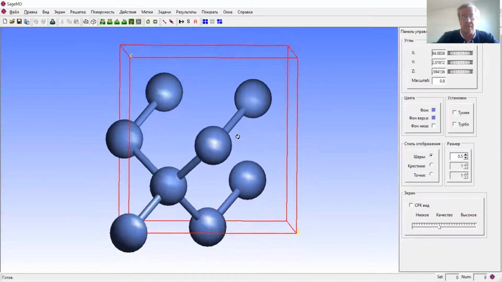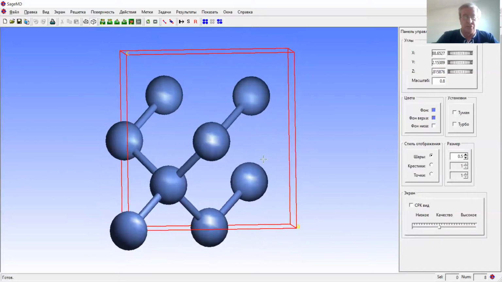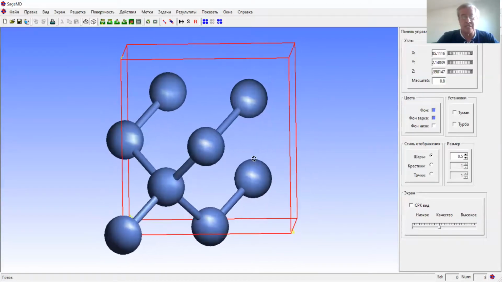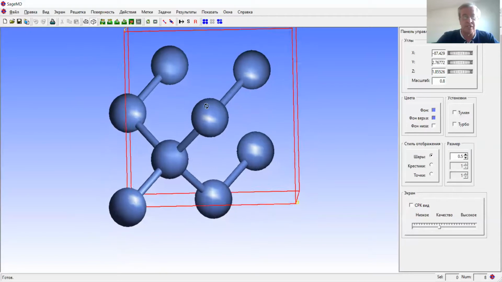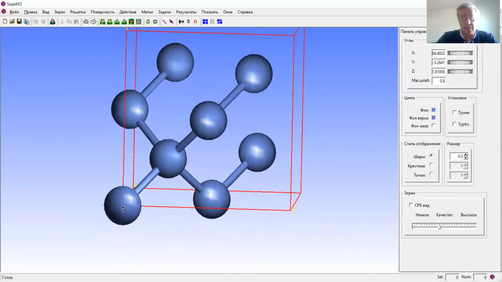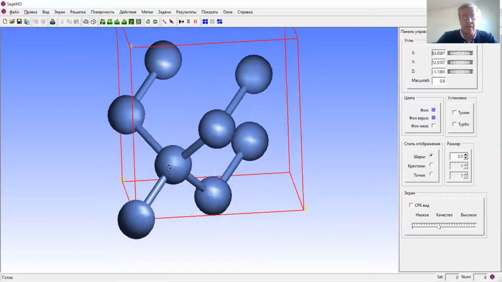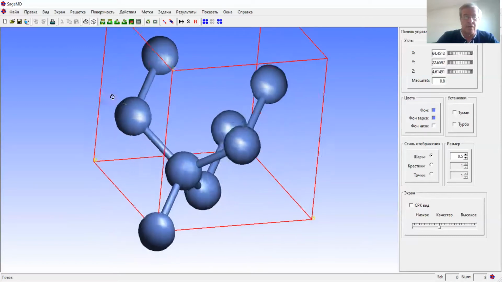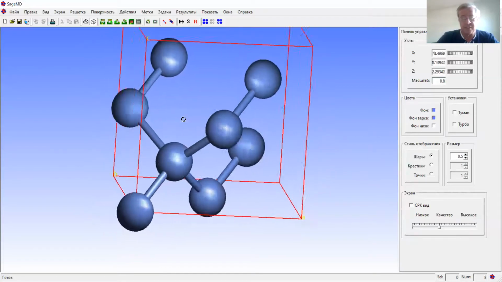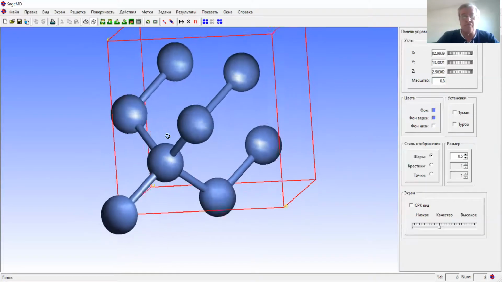So diamond has also cubic structure, but now we see that it has 8 atoms in the unit cell. One of them again in the corner, 3 of them on the surfaces in the middle, and 4 inside.